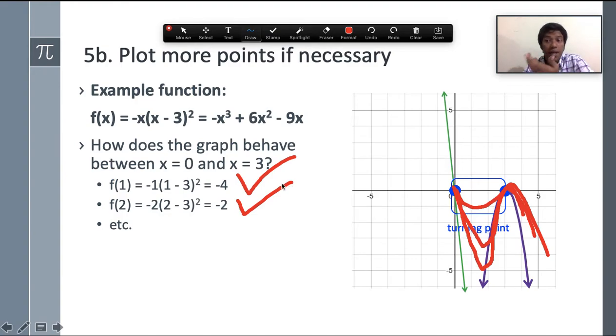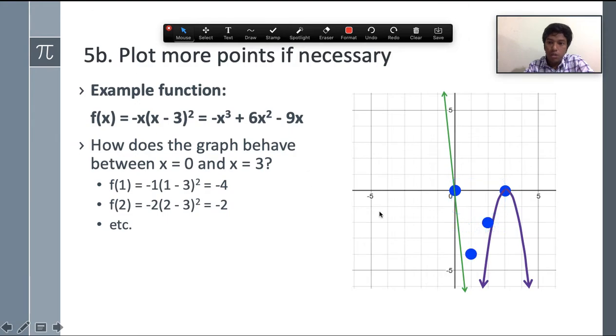Now you can say, sir, how many points will we put? You do not have to put a lot of points, at least 2-3 points, not more than that, because we need an estimated graph, not 100% accurate. We need the estimation, with all the concepts right.